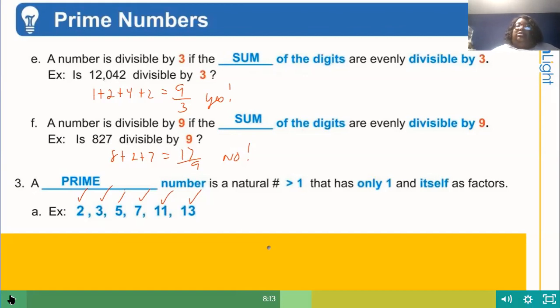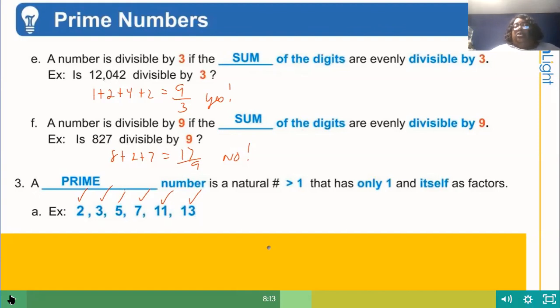Then I just continue, 16. I know 1 times 16 will give me 16. Is there any other way to multiply two numbers to get a product that equals 16? Yes, 8 times 2 is 16. So that means 16 is not a prime number. Then our next number is 17. I know 1 times 17 will give me 17.